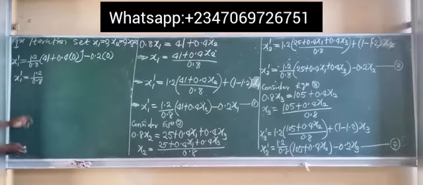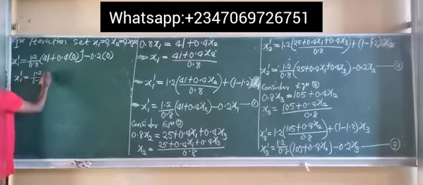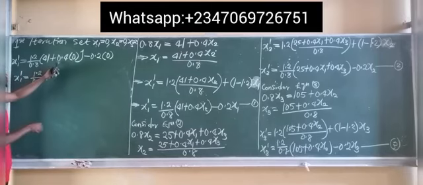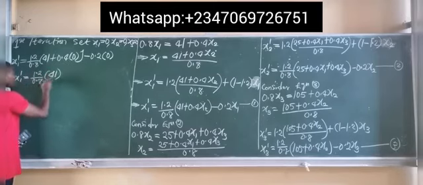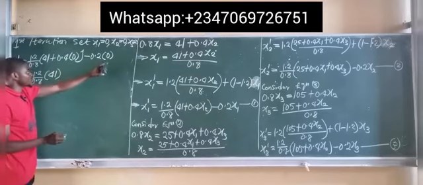Take note, you can as well evaluate 1.2 divided by 0.8, you're not wrong, and put the value in as well. This is now 0.4 times 0 is 0. I have here 41 plus 0, which gives me 41. Of course, 0.2 times 0 is also 0.